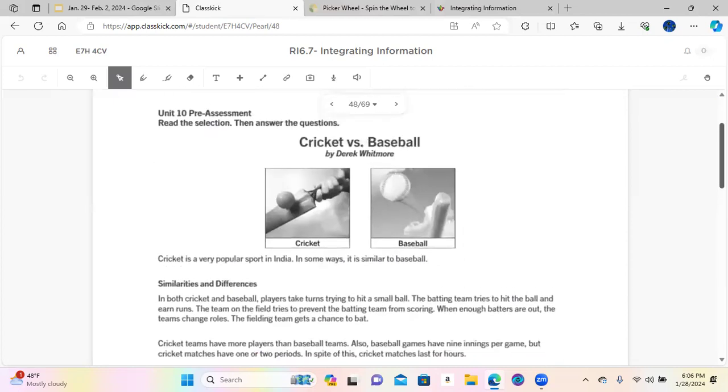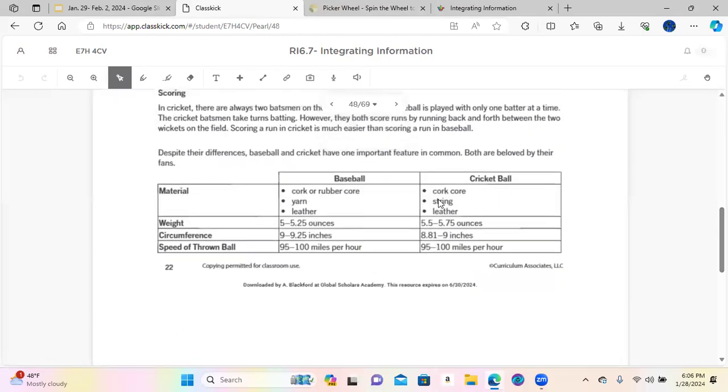They used a photograph here. Now they're using a table. So from the table, we can see that the baseball and cricket ball are made out of similar material, cork or leather, while the baseball can be made from yarn and the cricket ball may be made from string. The weight of each ball also differs.